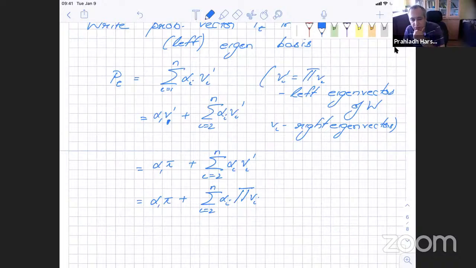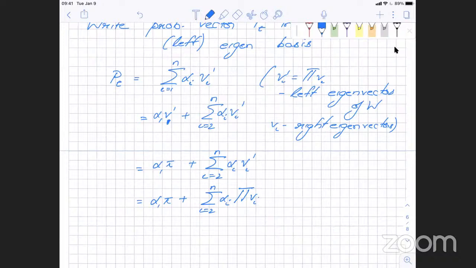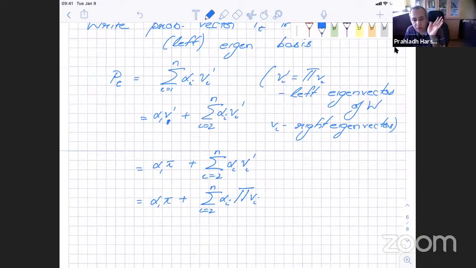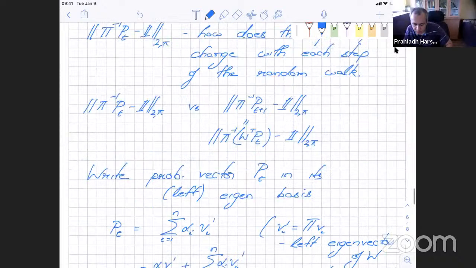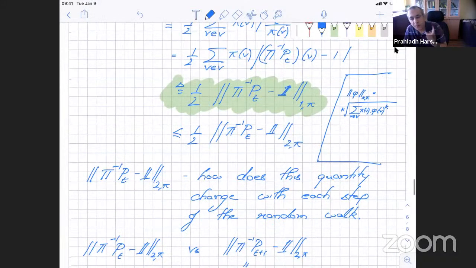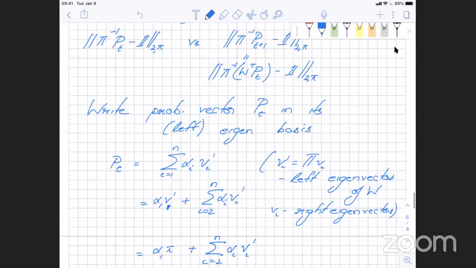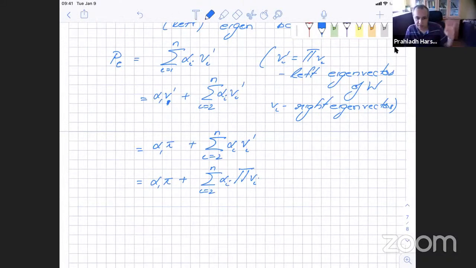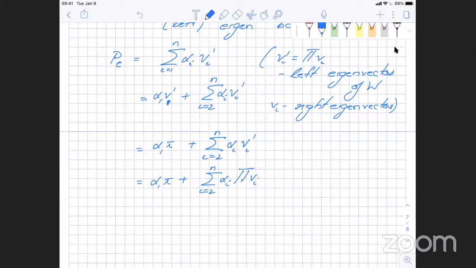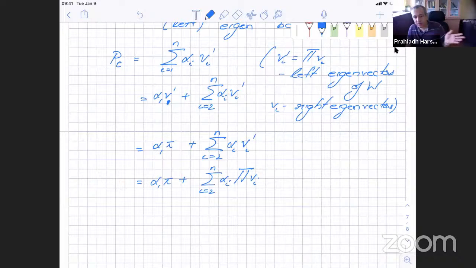Now, what is alpha_1? Can someone tell me? Sorry, what are column vectors and what are row vectors for you? Everything is a column vector over here. When I wrote the probability, p_t transpose is equal to p_{t-1} transpose times W. So pi also is a column vector. All vectors are column vectors. I didn't want to keep the convention that probability distributions are row vectors and eigenvectors are right eigenvectors.